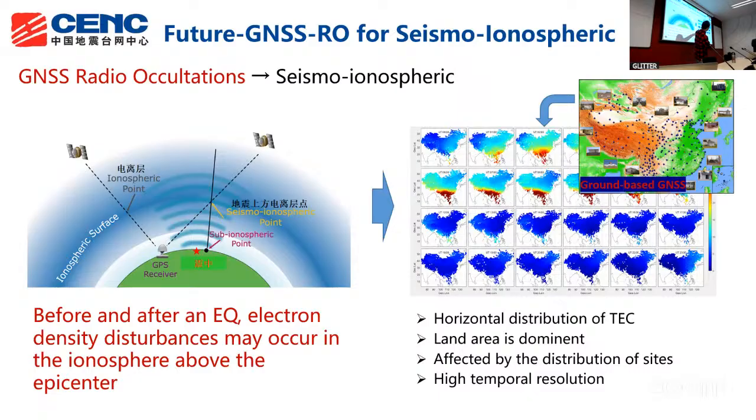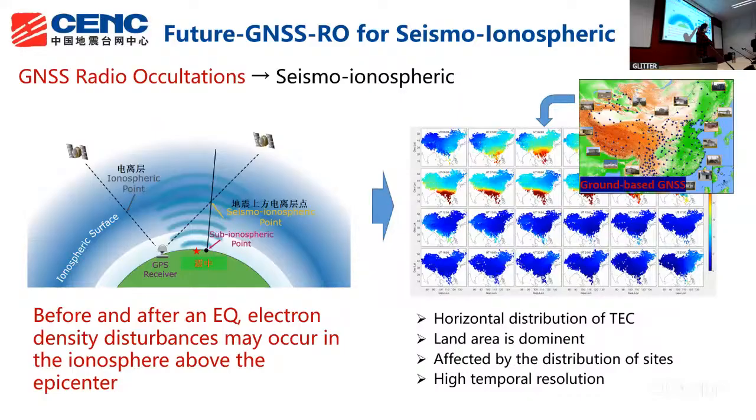Maybe this picture. The Earth is very stable and cannot change much, and everything has almost the same pictures of the TEC distribution.